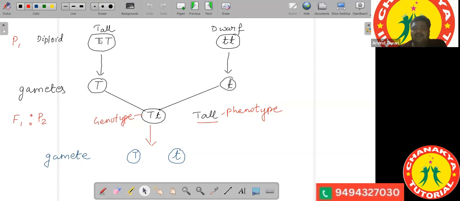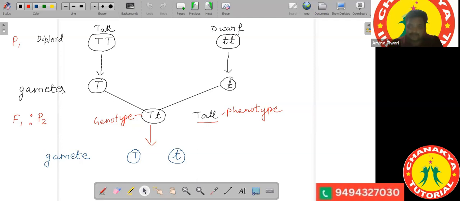And suppose if you have two types of chromosomes, there will be two types of gamete. Each gamete will carry only one chromosome, and each gamete has an equal chance of fertilization.